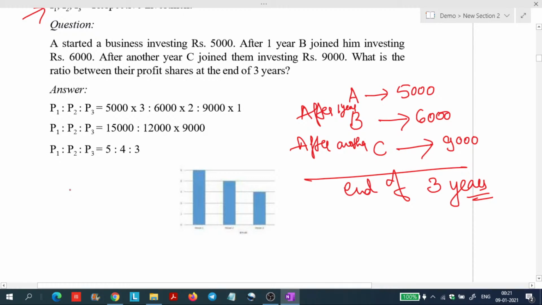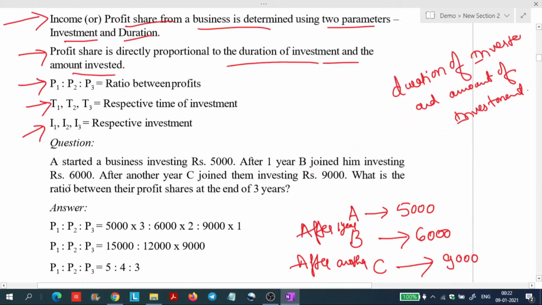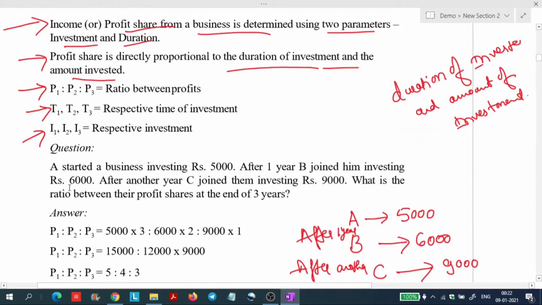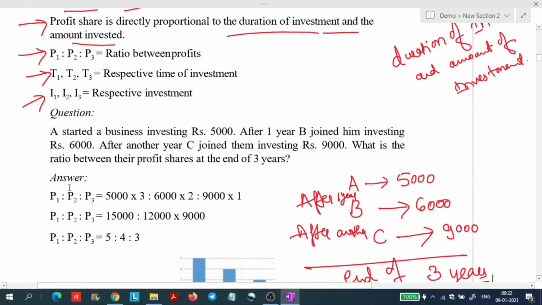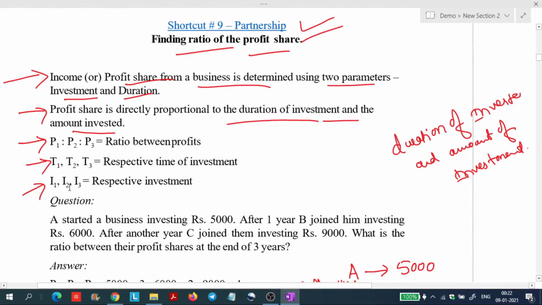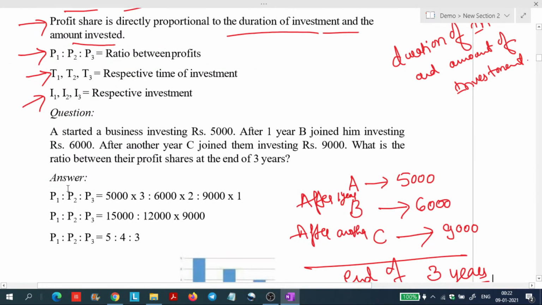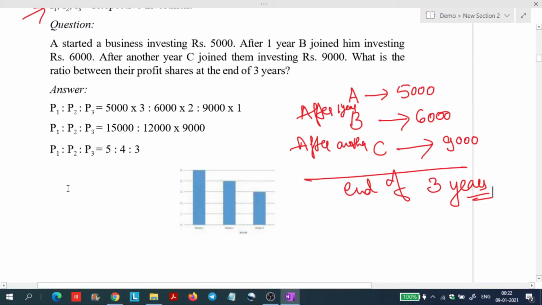A is 5,000, B 6,000 and C 9,000. The profit depends on the investment and the time of investment.